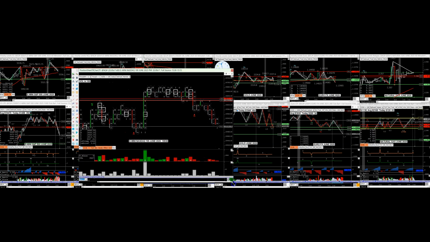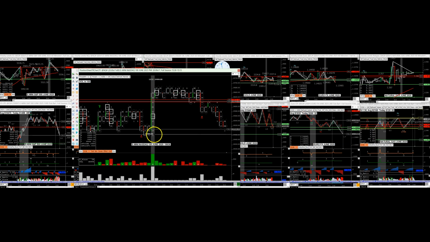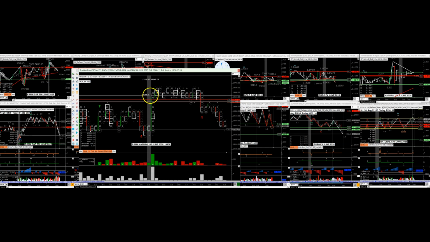Now, you can use other types of chart as well, so long as they have price with volume prints. So you need to see volume prints. No volume prints, no good. You need to see price with volume prints, whatever chart you want to use.